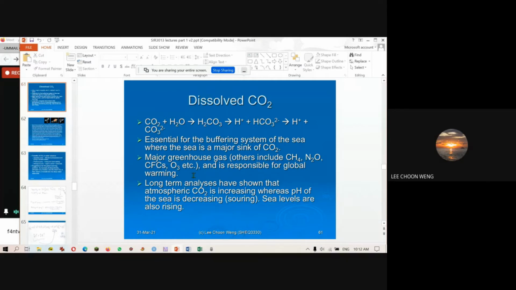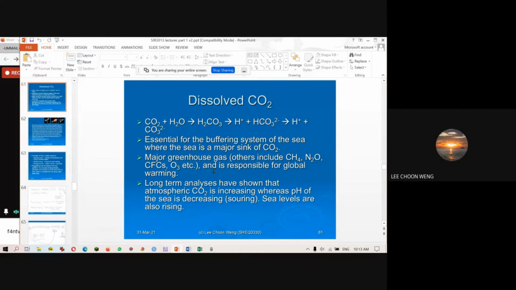However, as I mentioned, also based on the global warming potential (GWP), CO2 is the most important because of the amount of CO2 that's being produced. Okay. So long-term analysis have shown atmospheric CO2 is increasing and the pH of the sea is decreasing. So there is a definite decrease in the pH of the sea throughout the world.